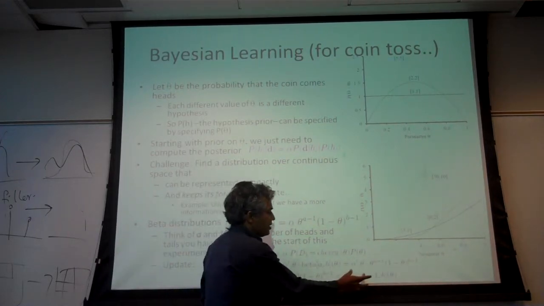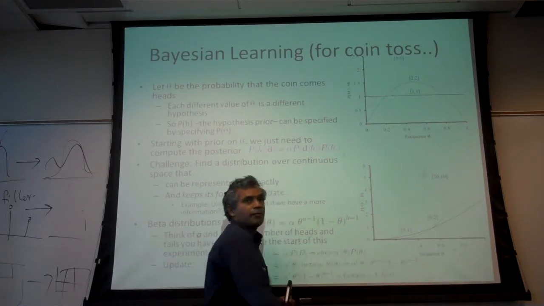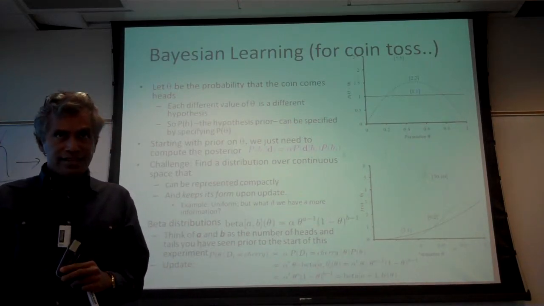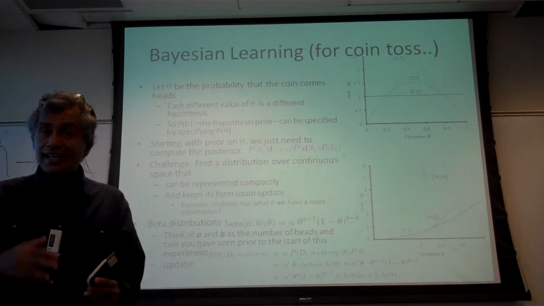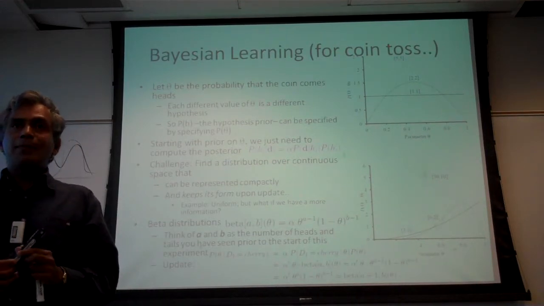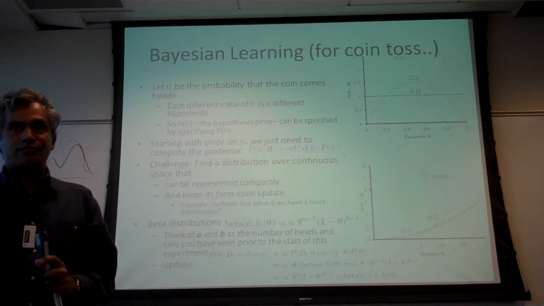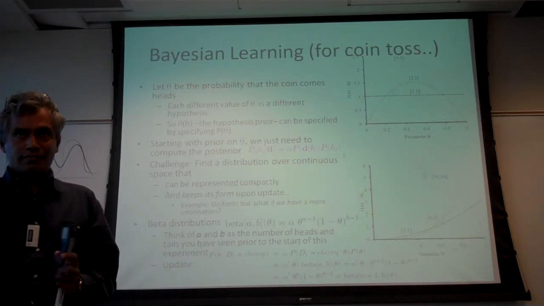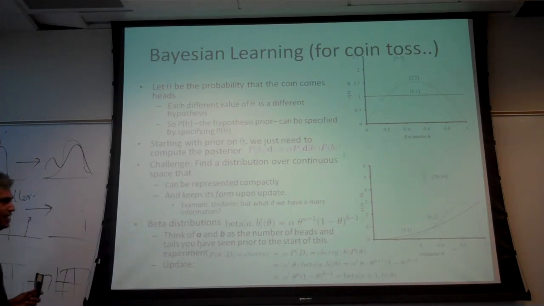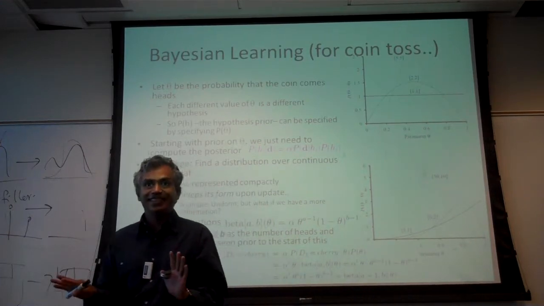The nice thing is that these two become theta to the power A and 1 minus theta to the power B minus 1. That's basically in the same form as the original beta distribution, except with the hyperparameters A plus 1 and B. So the math works out correct.